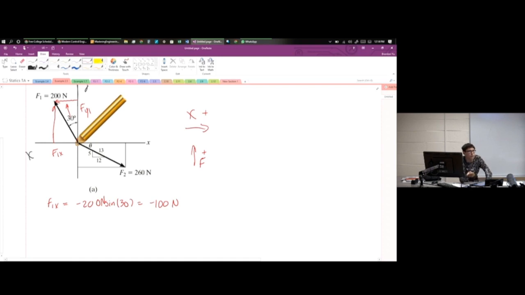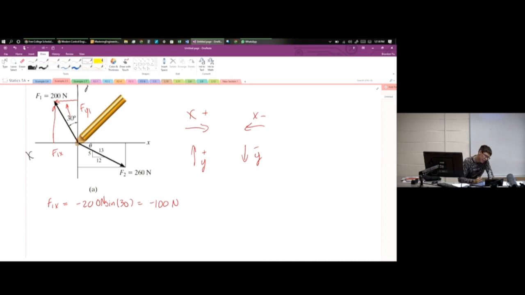This is convention: for most problems, we always want to keep that rightward positive and that up positive. So that makes left in the x direction negative and down in the y direction negative. We usually try to keep these conventions through each problem, that way it doesn't get confusing as to what negative and positive mean.